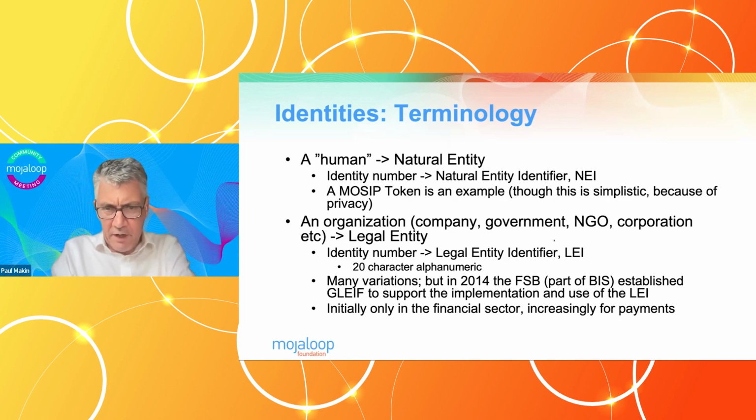Initially, it was only in the financial sector. It was used for identification of which counterparty you were dealing with in terms of transactions. But now it's increasingly being used for payments as well, payments to corporations or to governments, for example.